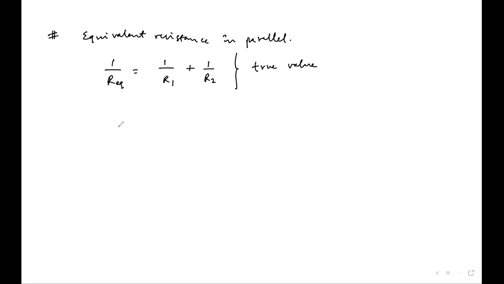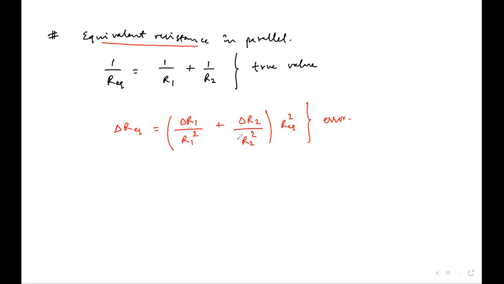Now, if you want to calculate error related to this, it will be delta R equivalent is equal to (delta R1 divided by R1 square plus delta R2 divided by R2 square) and whole multiplied by R equivalent square. So this will give you error related to that measurement. So just remember, only in this part we use this formula.